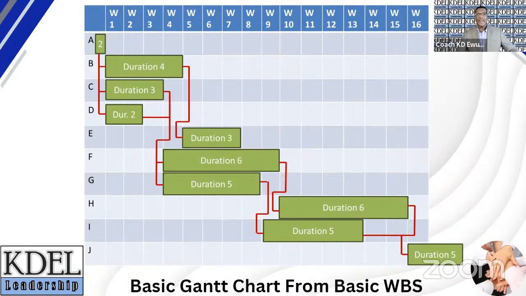And likewise, for example, activity H cannot start until activity F is completed. The red arrowed links depict this information, which is derived from the predecessor list of activities shared on the previous WBS slide. Finally, take notice that activity G cannot start until activities C and D are completed.